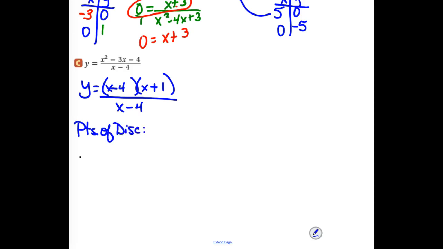What makes the denominator 0? A 4. Okay. Is that a factor that also appears in the numerator? So it is removable. We can reduce it out, which means this is a hole in my graph rather than a vertical asymptote.